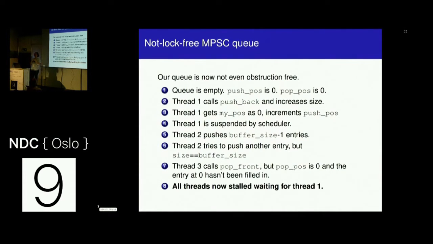So if you suspend all but one thread, unless the one thread that's awake is the one that's got a cell that it's trying to populate, that's holding everybody up, then nobody makes progress. This is not even obstruction-free.